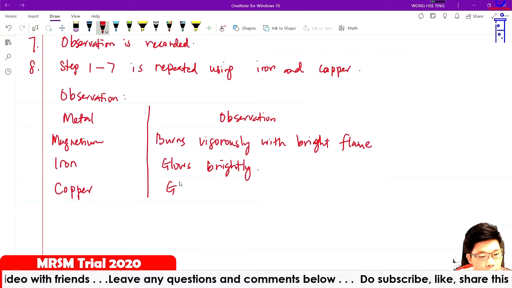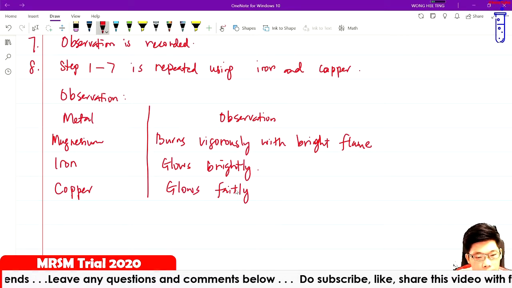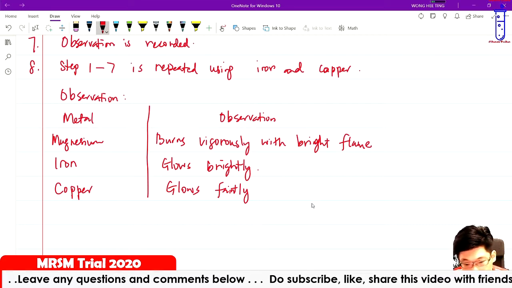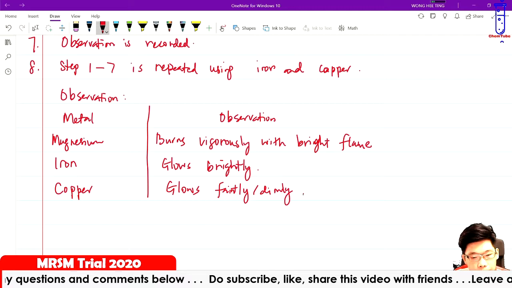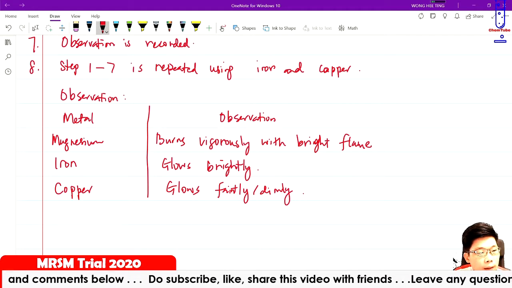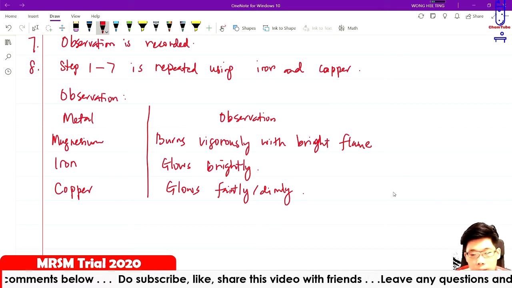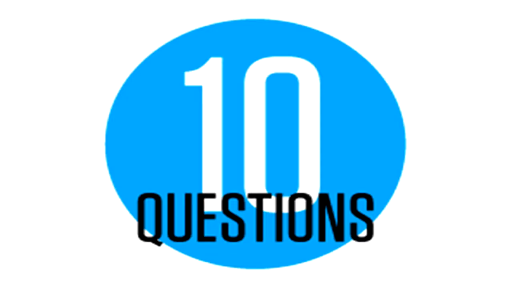Copper just glows faintly, or dimly. So here 8 points, then 9, 10, 11. So the maximum is 10 marks.